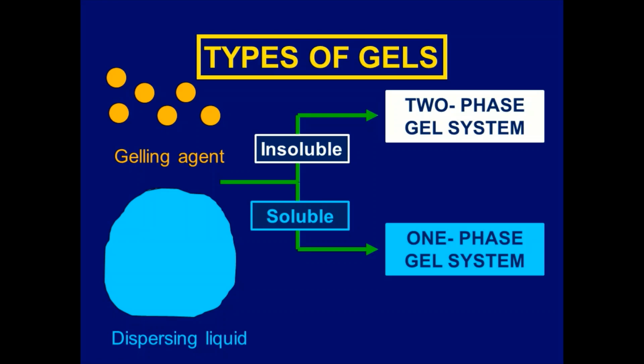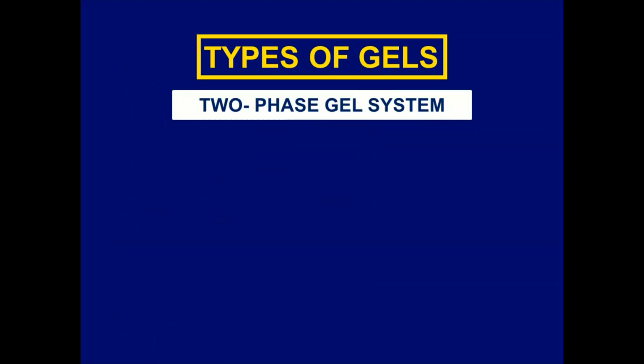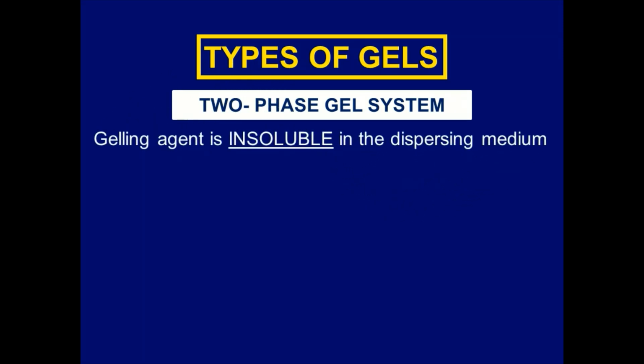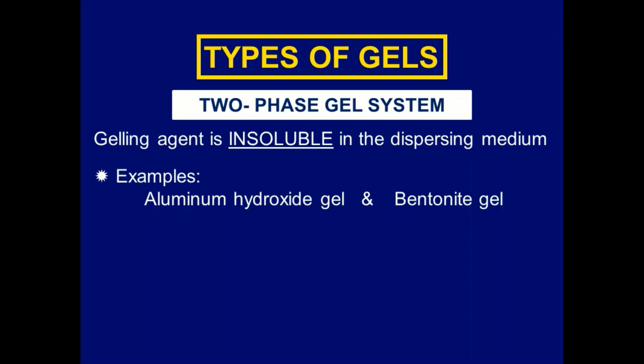Let's discuss both briefly. Two-phase gel systems, as we said, are gels in which the gelling agent is insoluble in the dispersing medium. Examples of two-phase gel systems are aluminum hydroxide gel and bentonite gel, and I'm sure you saw aluminum hydroxide in the chemistry lab.